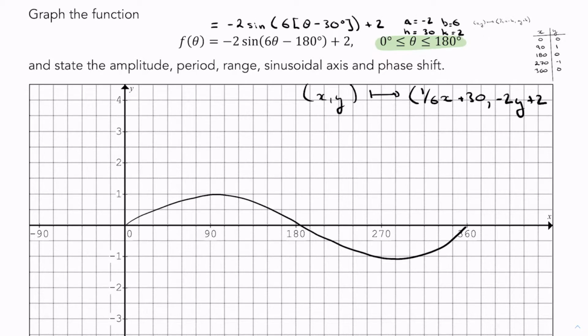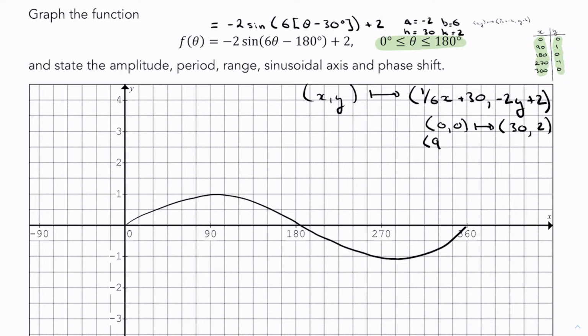Okay, so what are the points that we're going to be pulling out? Well, it's everything that's indicated over here for my x's and over here for my y's. So my first point is going to be 0, 0, and that will map to the point 30, 2.